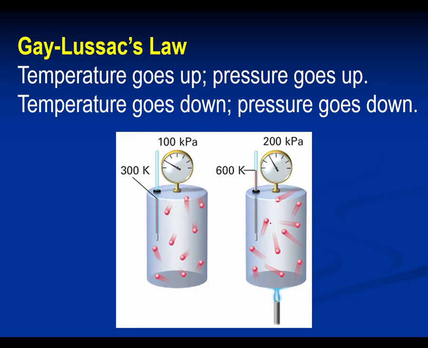Remember, pressure is created by collisions against the surface. And you see how they're proportional. 100 to 200, 300 to 600. That's why we use Kelvin. Celsius wouldn't do that. Celsius would give you negative numbers sometimes if you get too cold as well. So always use Kelvin temperature.